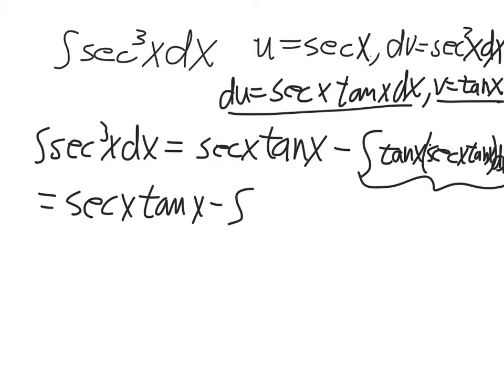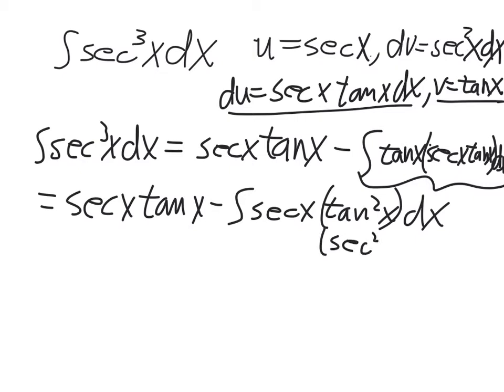We would have secant x times tangent squared x dx, and we're going to change tangent squared x into its identity. What is it? Secant squared x minus 1. Okay. So multiplying this secant x through those parentheses, we get a secant cubed x again, and then minus secant x.